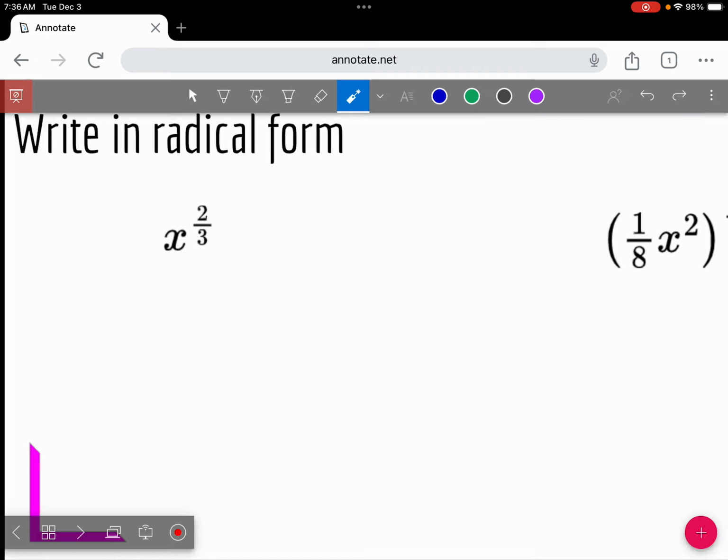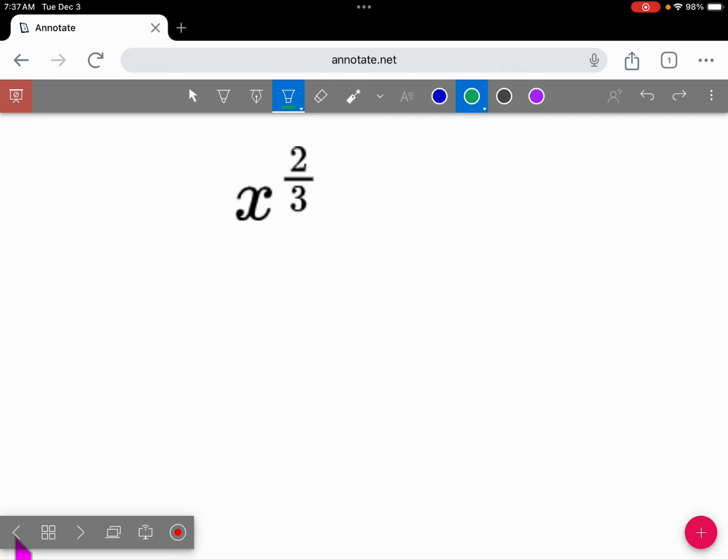So what's my index? 3. And what's my power? 2. So the index goes here in the crook. It's my cube root of x squared.